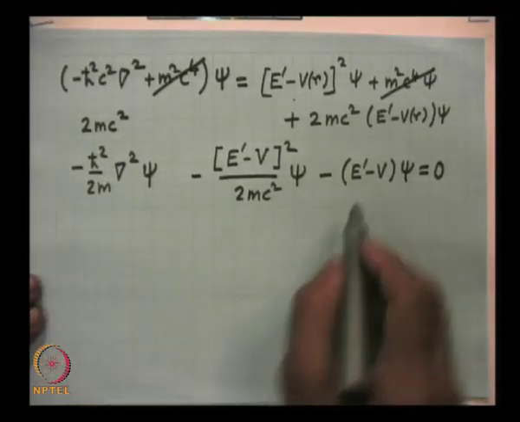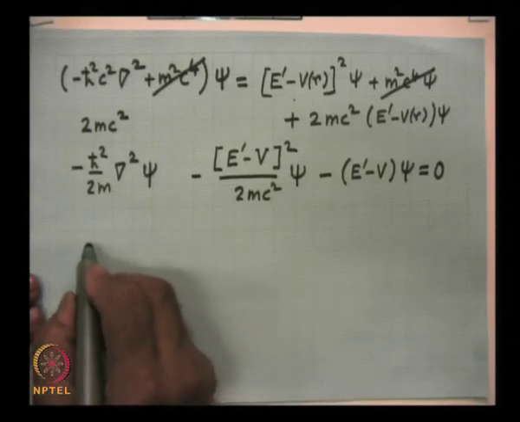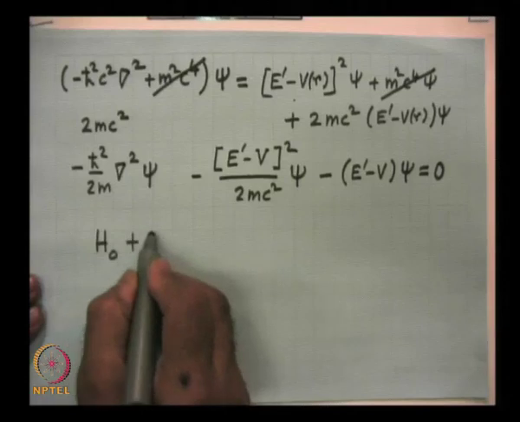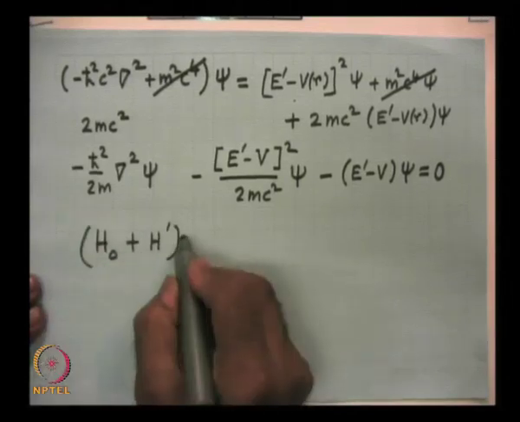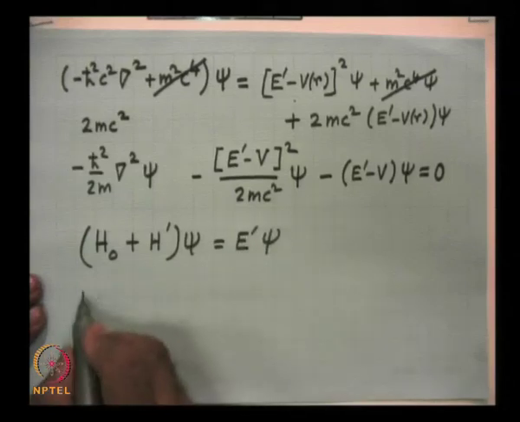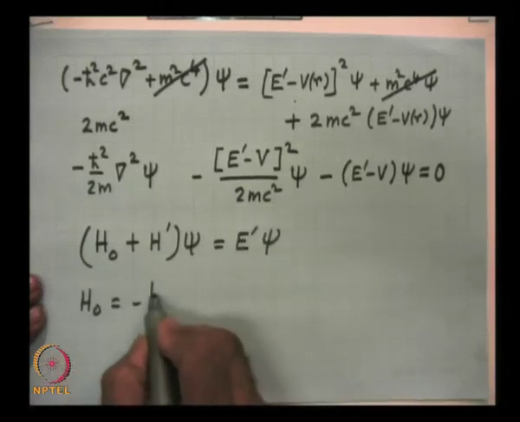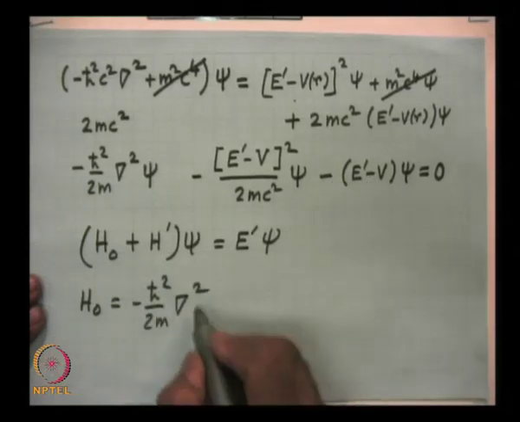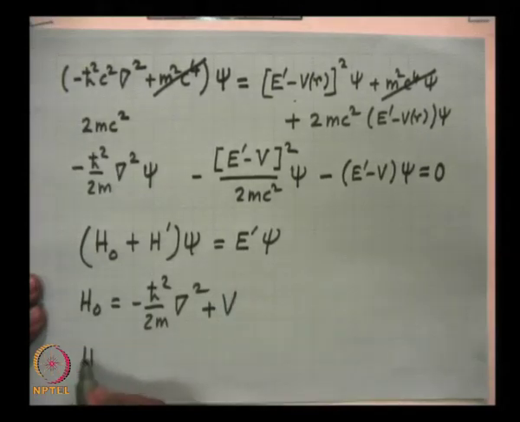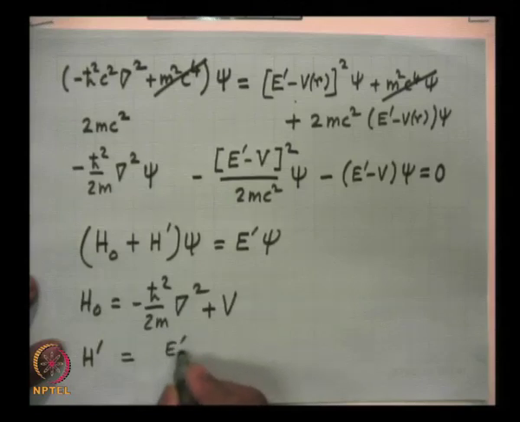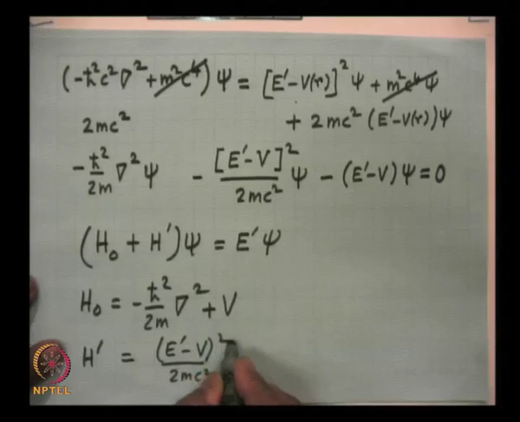So I rewrite this, take the E prime on the other side. I can write this as h naught plus h prime psi is equal to E prime psi, where h naught is minus h cross square by 2 m del square plus V, and h prime is this whole term, that is E prime minus V by 2 m c square whole square with a minus sign.